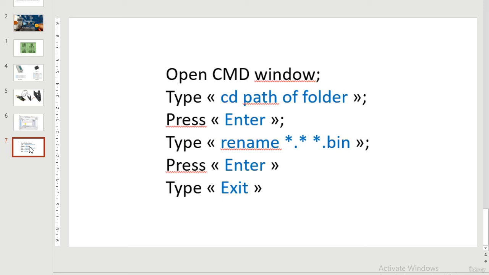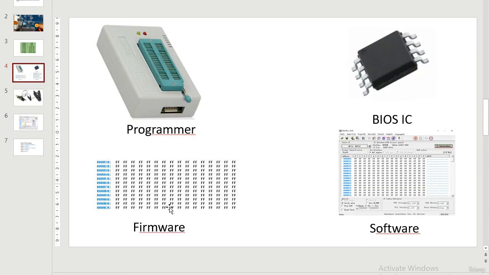So of course, to reprogram the BIOS, you will need the file, the firmware. But you should look for the firmware. You can find the firmware when you go to Google. You can just type the reference of the firmware, for example, the model of the laptop or computer, then type BIOS firmware and you can get the firmware automatically, but sometimes you cannot find the firmware with a bin extension.